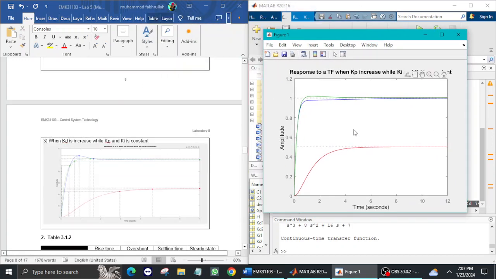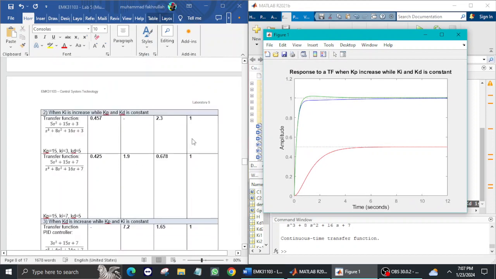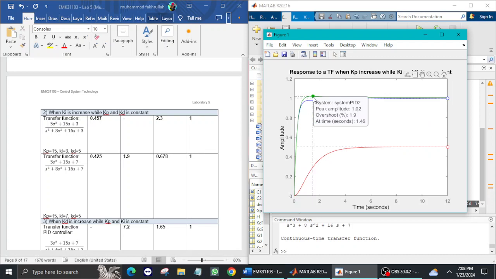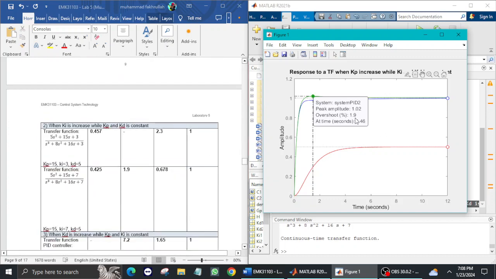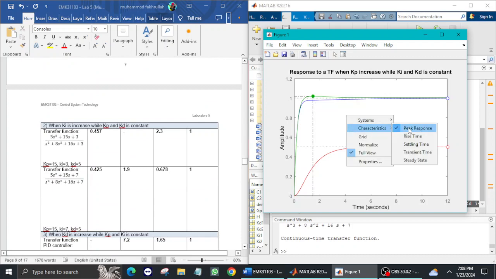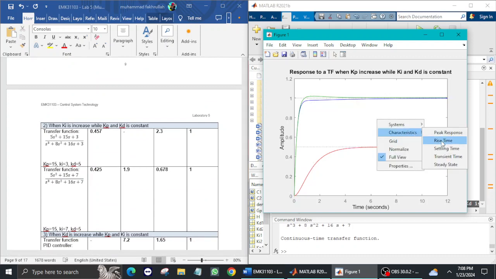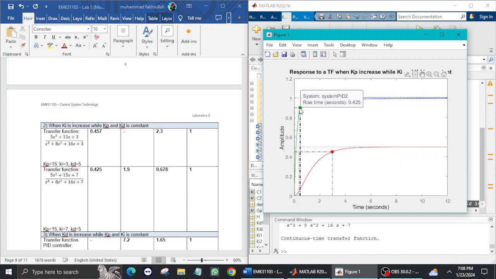Okay, this is my result. This is my overshoot value, I get 1.9. Then for the rise time I get 0.425, and one more is 0.457.